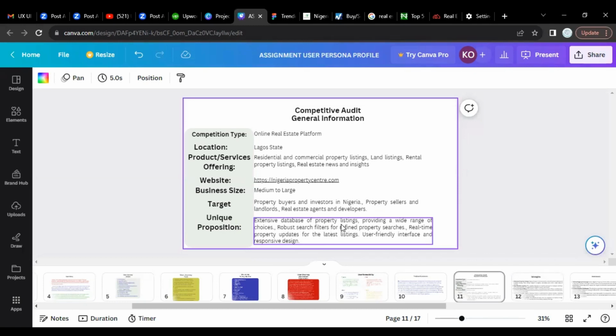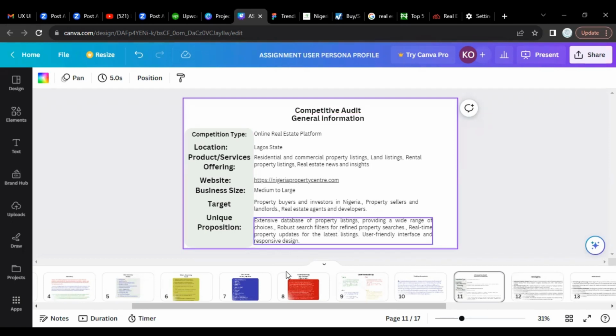It provides a wide range of choice, robust search filters for refined property searches, real-time property updates for the latest listings, a user-friendly interface and responsive design.